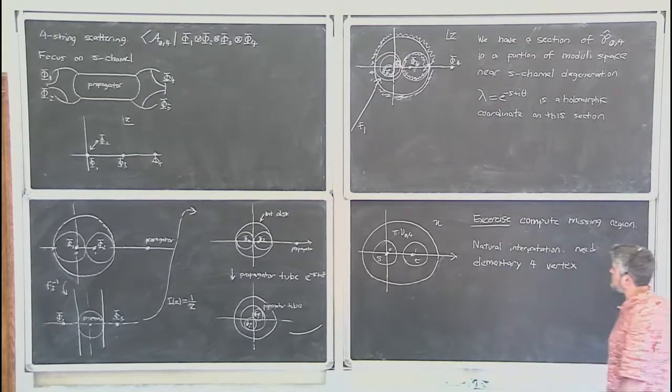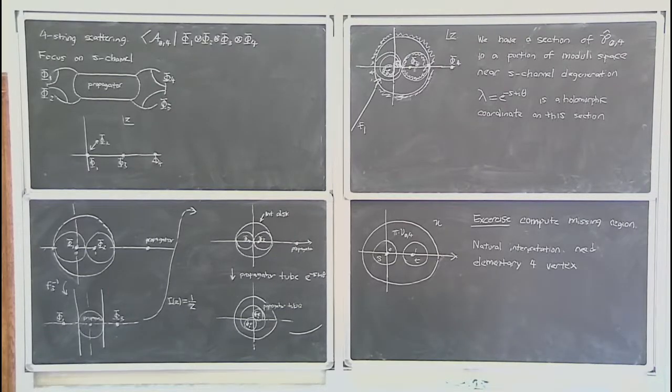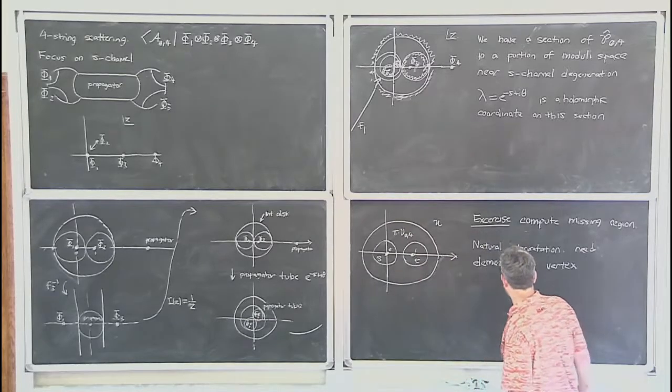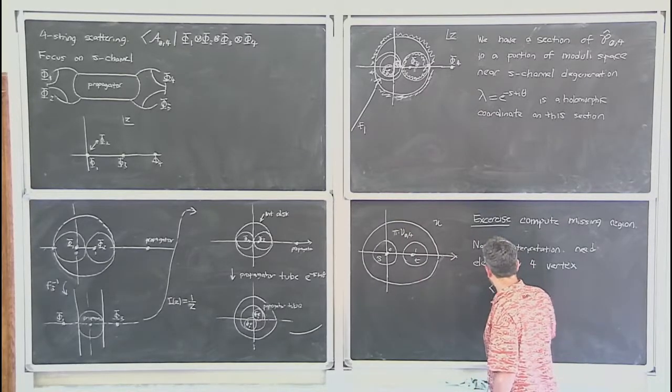This elementary 4 vertex would be specified by a section of P hat 04, which we will call V04.